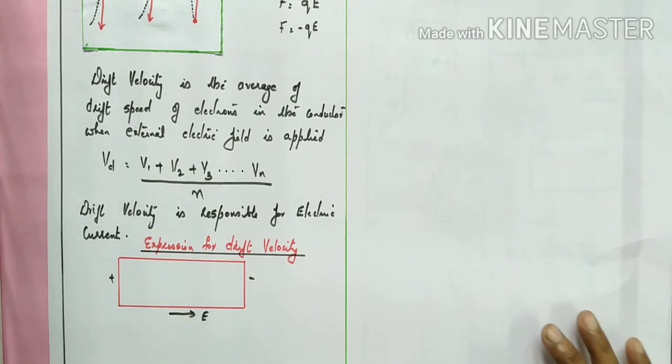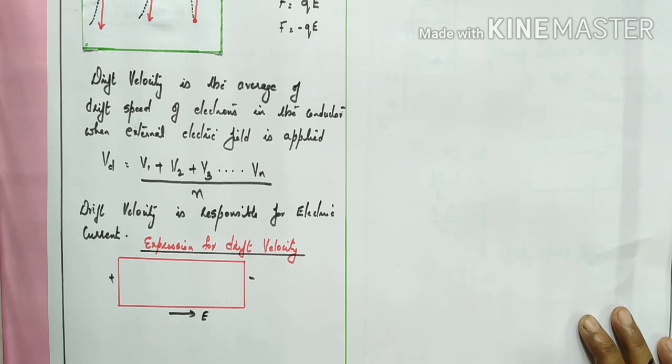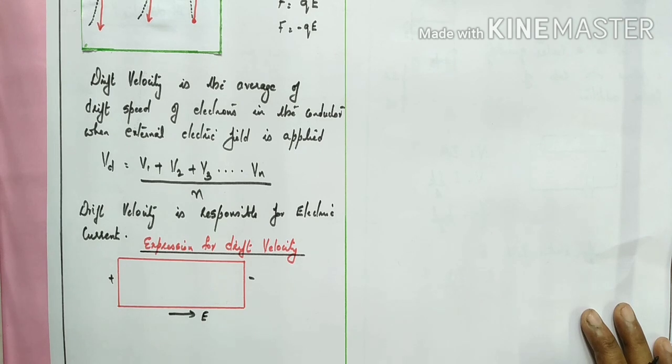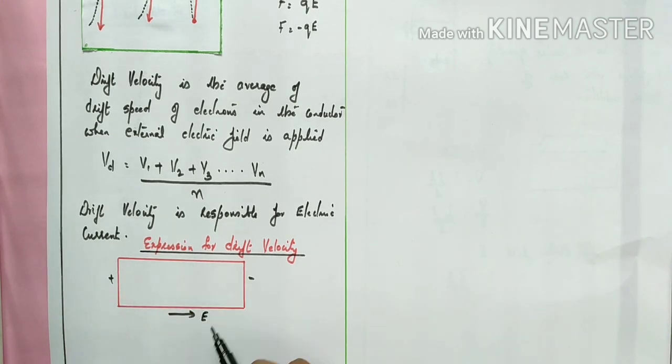Now, the question is, can we measure this drift velocity? In physics, almost all physical quantities can be measured and hence drift velocity can also be measured. So now we can derive the expression for drift velocity. Consider a conductor, an external electric field is applied and the electrons are moving with drift velocity Vd. What are the forces experienced by the electron?